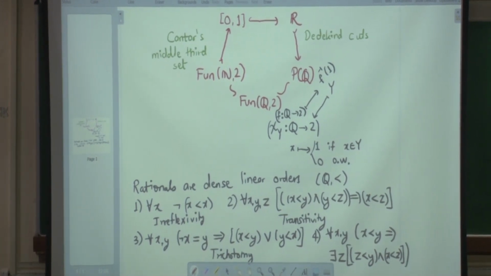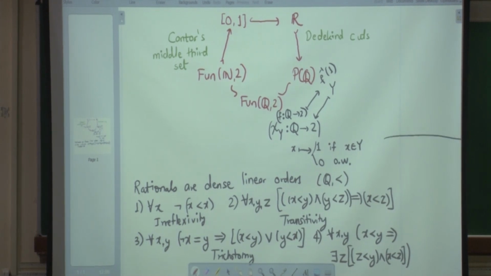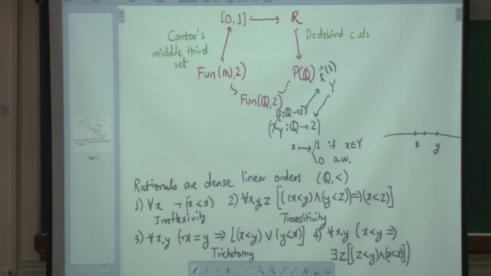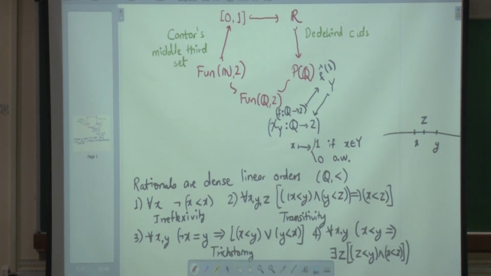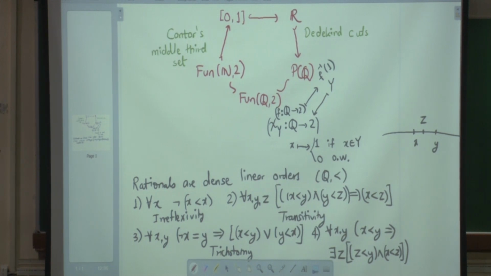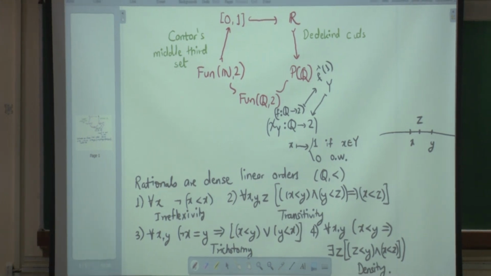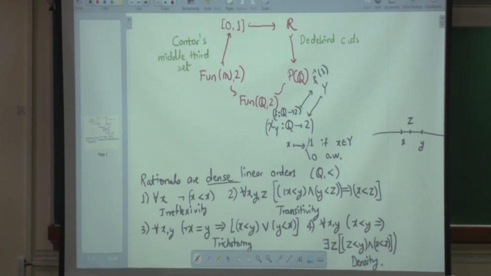What I am saying is that given any two rational numbers x and y, there must exist a rational number between them. Can you tell me how to find such z? Average, very good. So this is called the density property. Therefore rationals are dense linear orders.